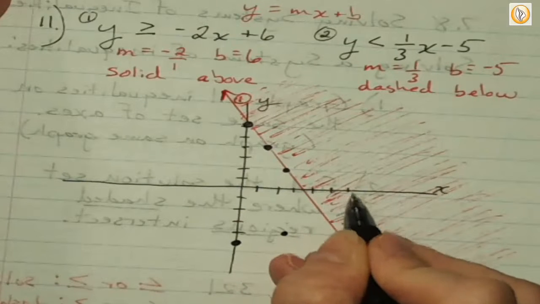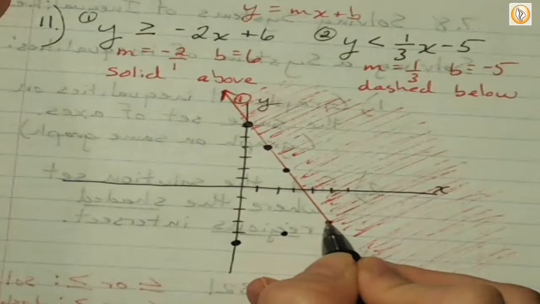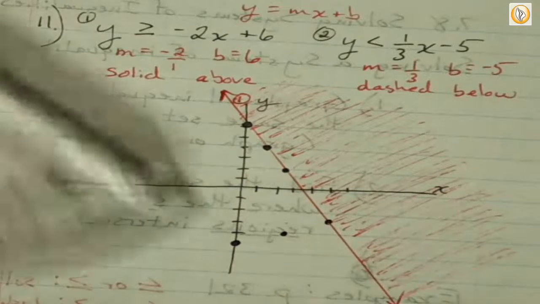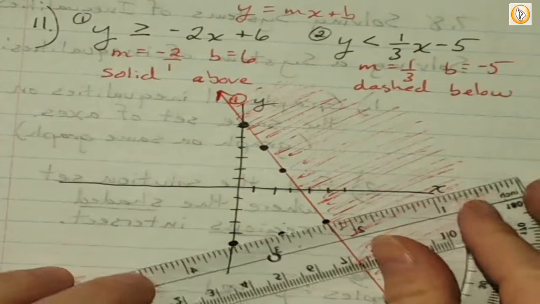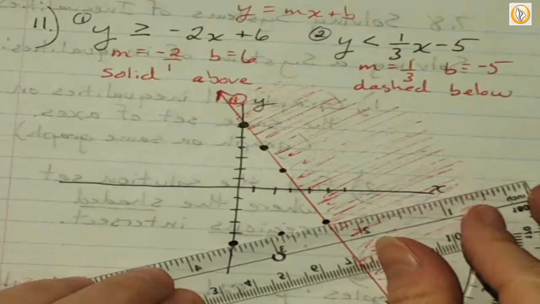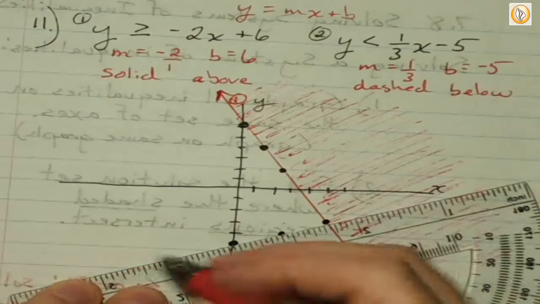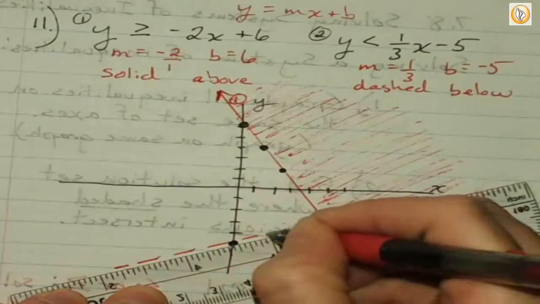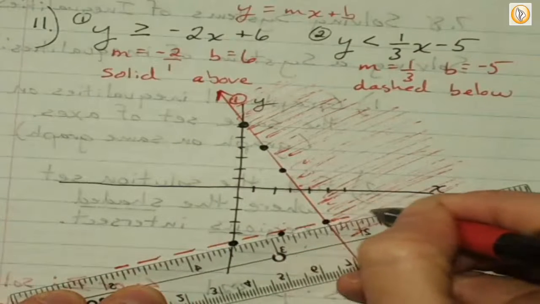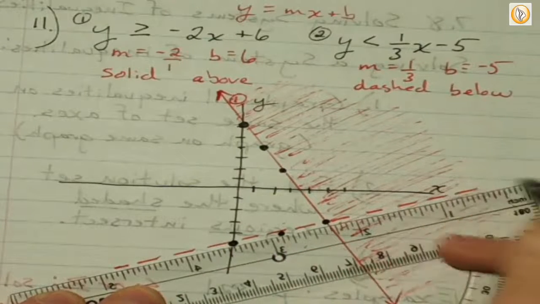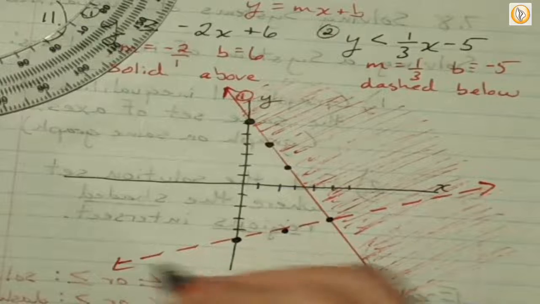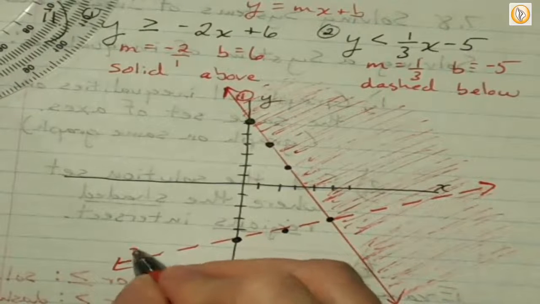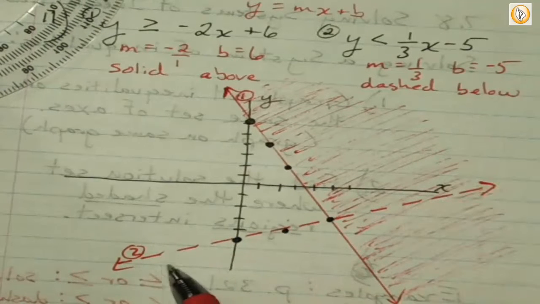Okay, and this one is dashed. This is line 2, and we shade below.